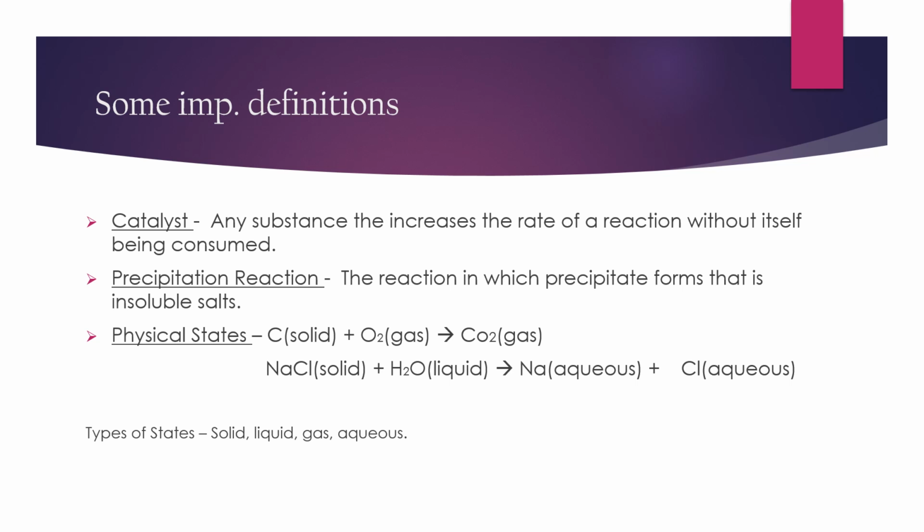That means the Na and Cl formed on the product side, the right hand side, are soluble in water, that is, mixed up with water. Types of states: there are 4 types of states: solid, liquid, gas and aqueous.